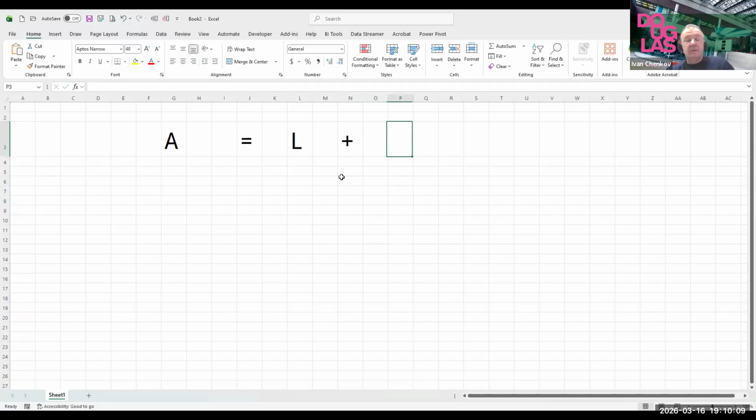Now the question is, what kind of assets do I have on the left side of the equation, and what do I have on the right side as liability and equity?